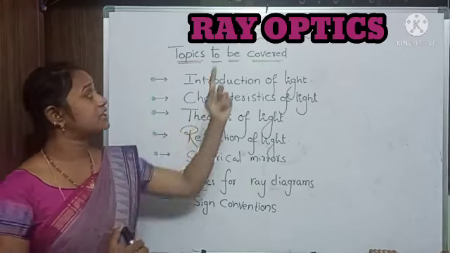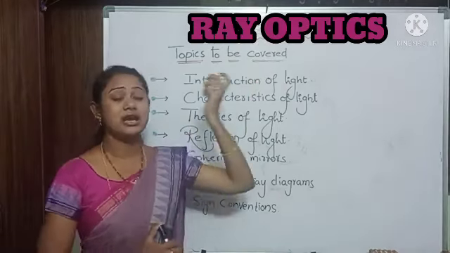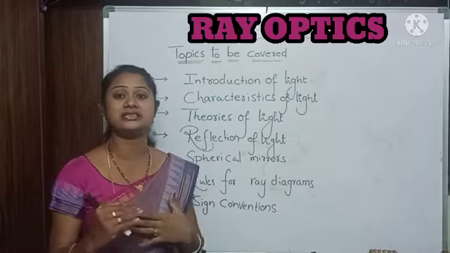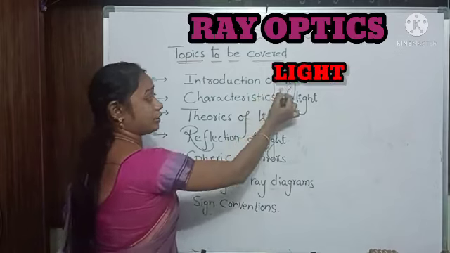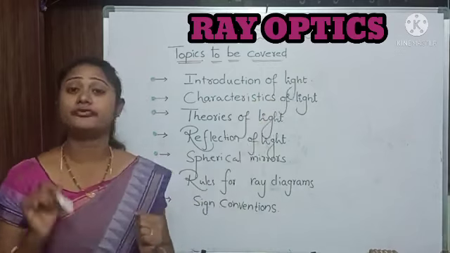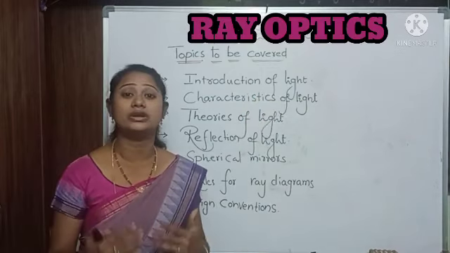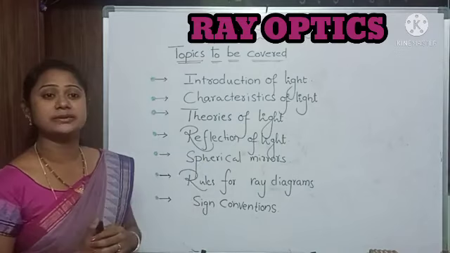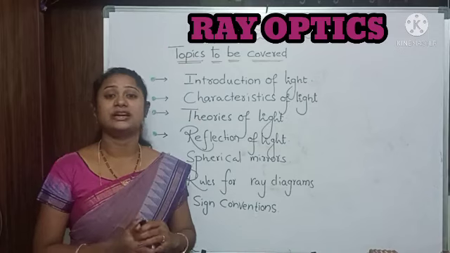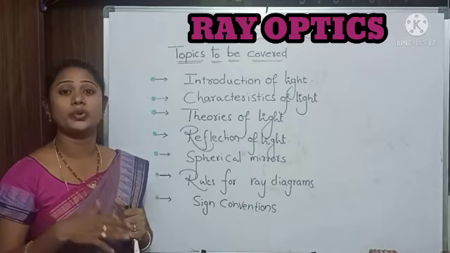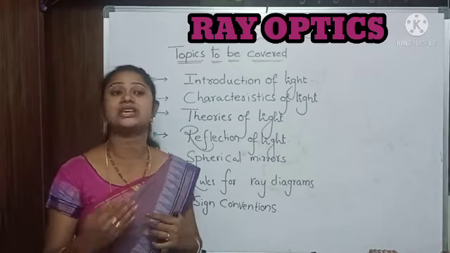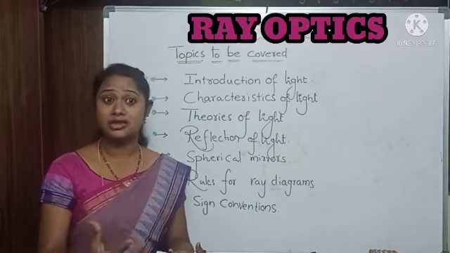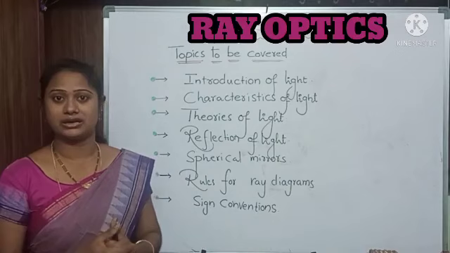Ray optics, these are the main two words. We can discuss ray optics only through light. If we have light, only then are we able to see anything. In physics terms, light is an agent which makes our sight see things. The light makes us see all the objects surrounding us.